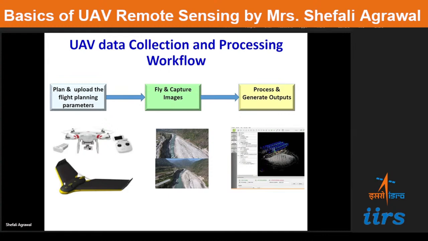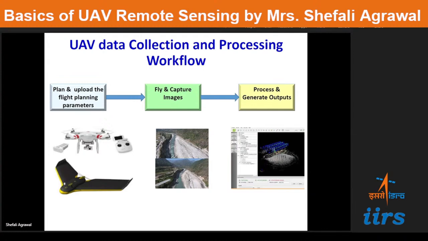For example, a flying height of 145 meters will result in a spatial resolution of 5 centimeters from the drone platform. And if I double the flying height to 290 meters, then it may produce around 10 centimeters resolution of data sets. Right, so you need to decide what resolution of data you want. Accordingly, you will fix the flying height.